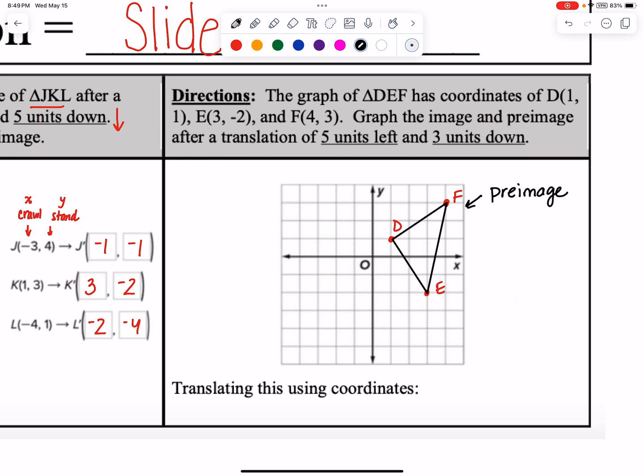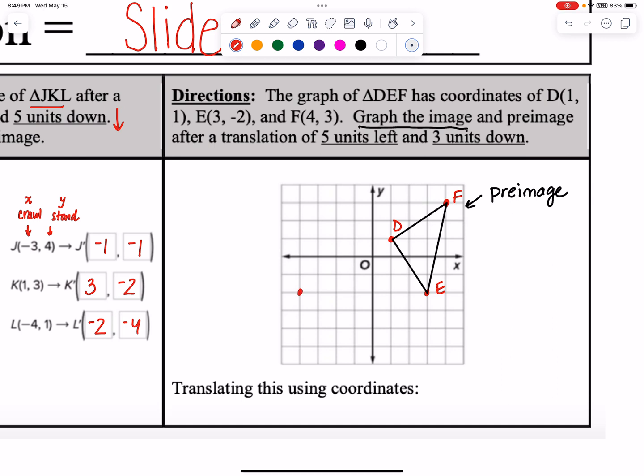It says graph the image and the pre-image after a translation of 5 units left and 3 units down. So let's go ahead and move this 5 units to the left and 3 down. Okay, so you just pick a point at a time. Doesn't matter what you want to do. I'm going to start with D, and I'm going to go 5 left, 3 down. So start at D and count on 1, 2, 3, 4, 5, 3 down, 1, 2, 3, and you should be right here.